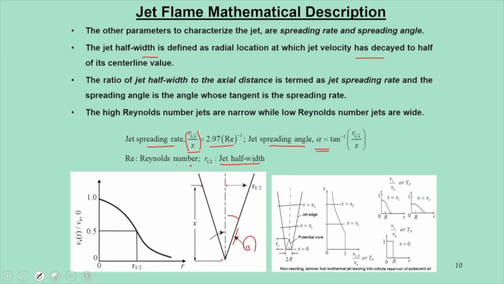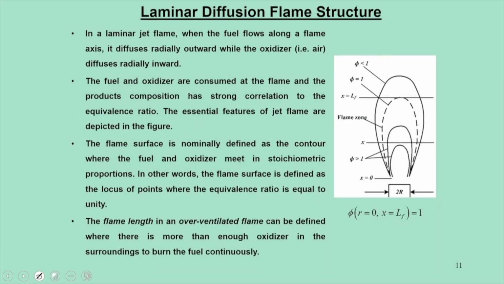So this analysis says that at high Reynolds number jets are narrow, while at low Reynolds number jets are wide. That is quite natural. During the initial phase, the jets are narrow, and when it is spreading, or at low Reynolds number, jets are wide.